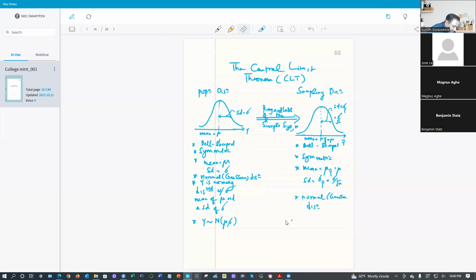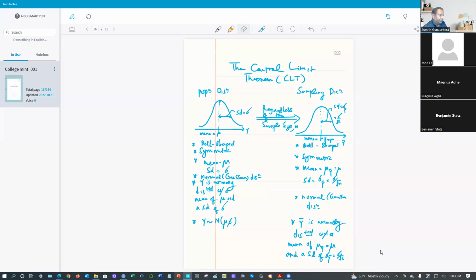You can say y bar is normally distributed with a mean of mu of y bar, which is mu, and a standard deviation of sigma of y bar, which is sigma over square root n. That's the first property.